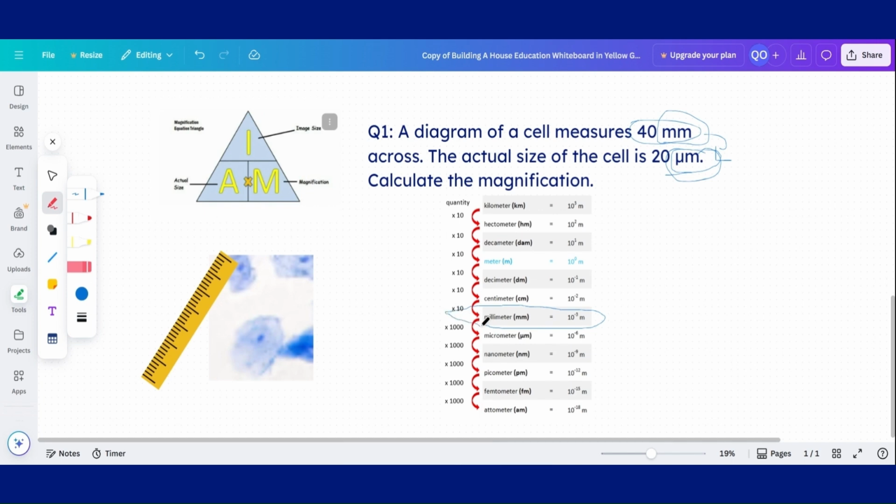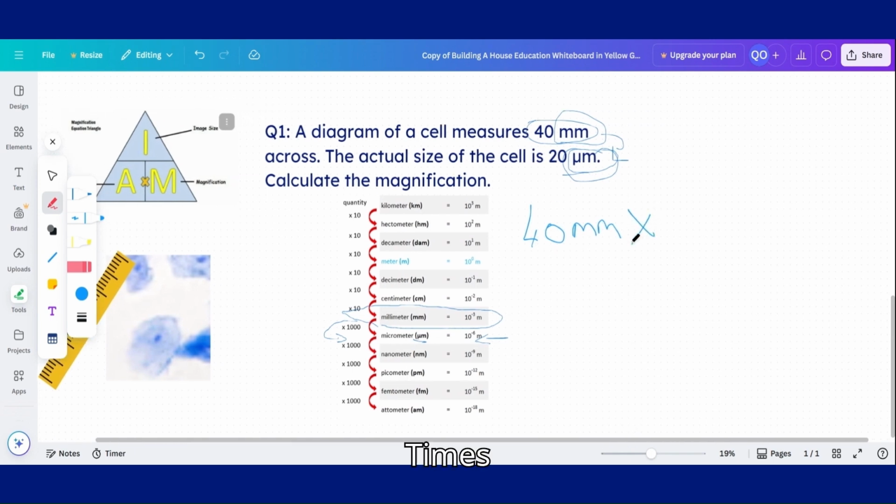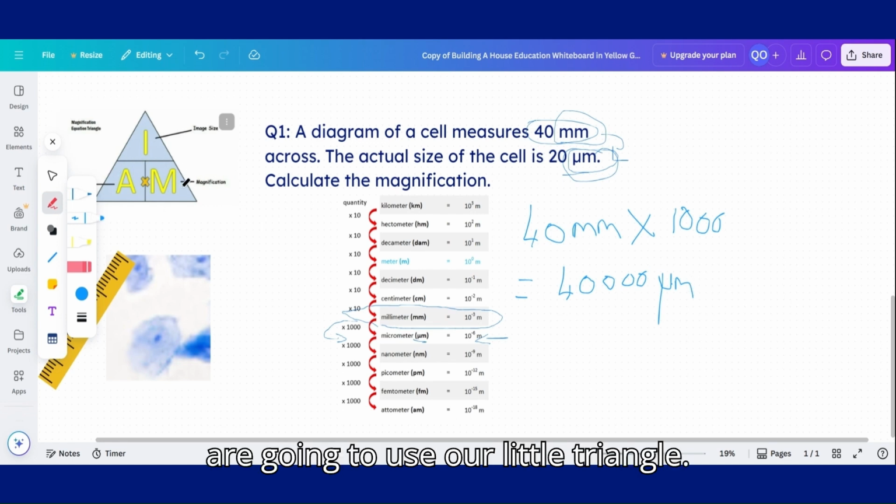We are going to times it by 1,000 to get micrometers. So 40 millimeters times 1,000 will give us 40,000 micrometers.